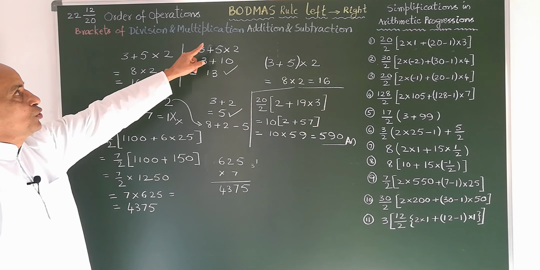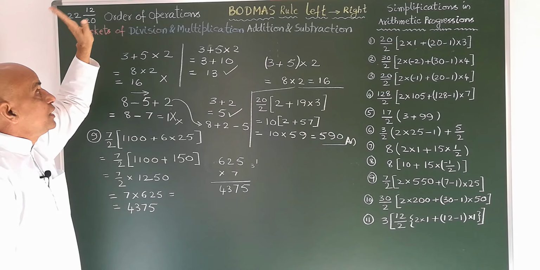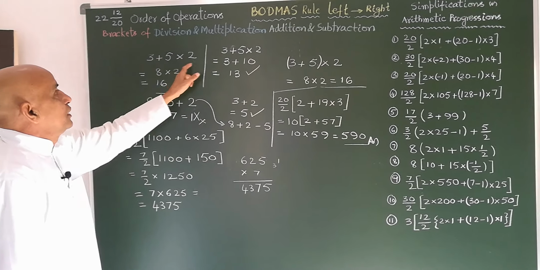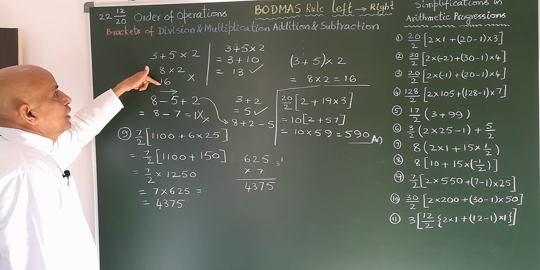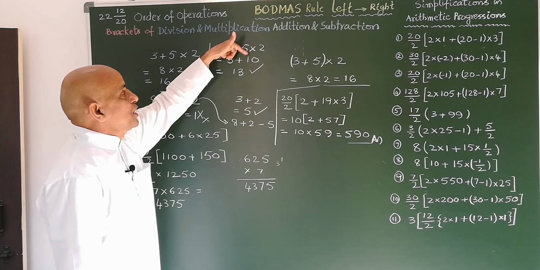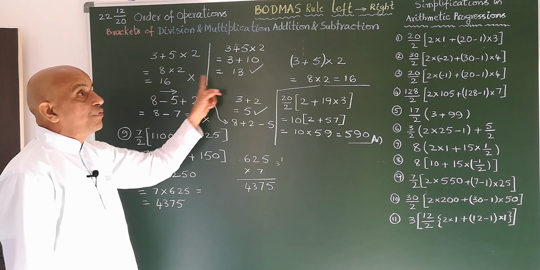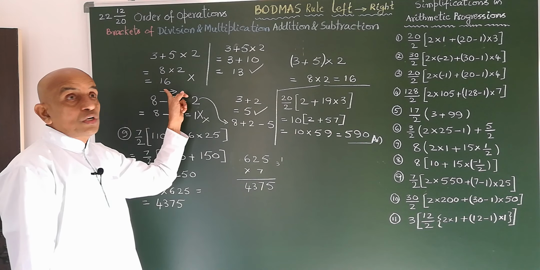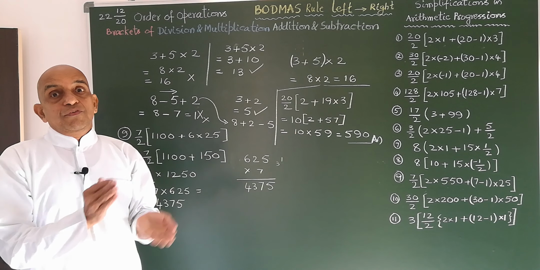What is this BODMAS rule? Why is the order of operations needed? Suppose you look at the same problem. The person who likes addition may do it like that. The person who likes multiplication may do it like that. For the same problem, we are getting 2 different answers. If you get 2 different answers for the same problem in mathematics, it creates a lot of confusion.